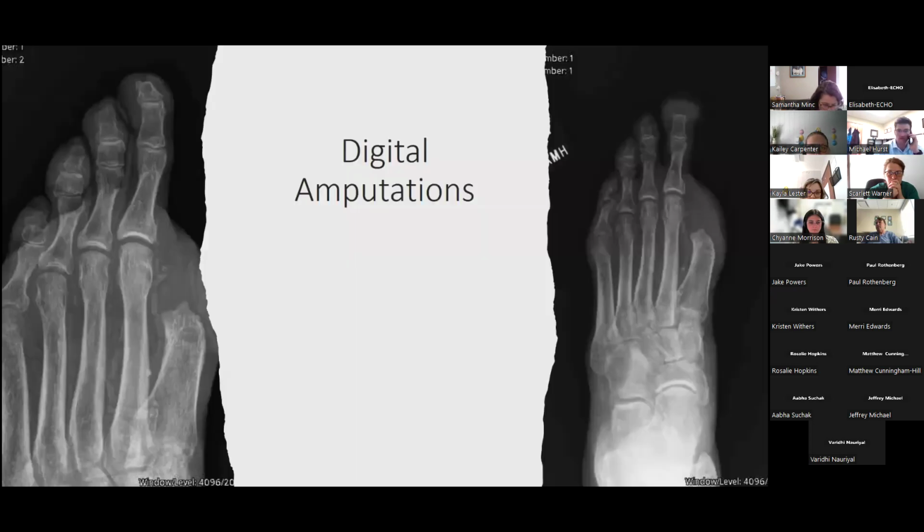Here, I don't know if you can see, this is a picture of how quickly osteomyelitis can get into that bone and erode a lot of that distal phalanx. In the picture on the left, at the second toe, this gentleman had already had a partial ray amputation of the first and began to get some increased pressure to that second digit, with a distal tip ulceration similar to the previous picture.